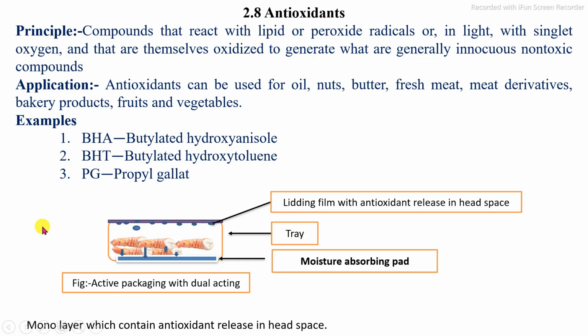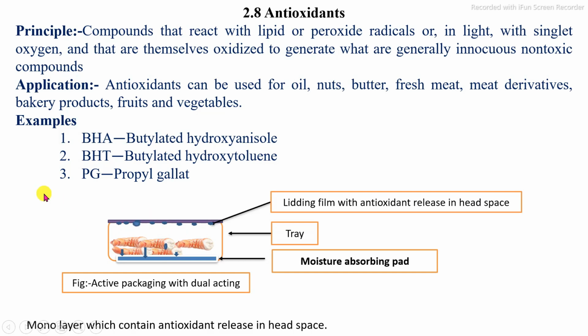You can see in this photo how the antioxidant is released from the lidding film to the product. These antioxidants are immobilized in the layer of the lidding film, and after a specific time they are released from the film into the product and perform their specific functions.